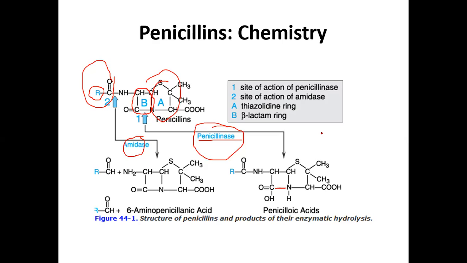So the site of action of penicillinases, which are also referred to as beta-lactamases because they break down the beta-lactam ring, is right there, and the site, which is number 1 right here, and the site of action of the amidase is here, number 2.